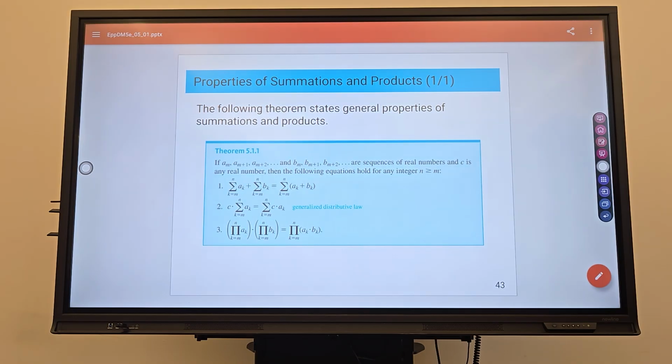Multiplying a sequence by a constant is equal to the summation of the sequence multiplied by the constant. And the product of two products is the product of the two sequences, assuming m and n are the same.